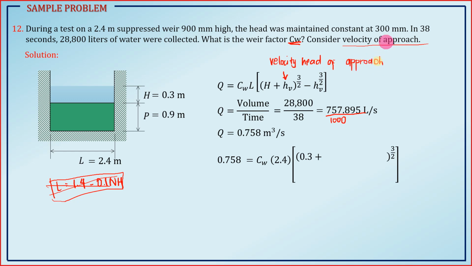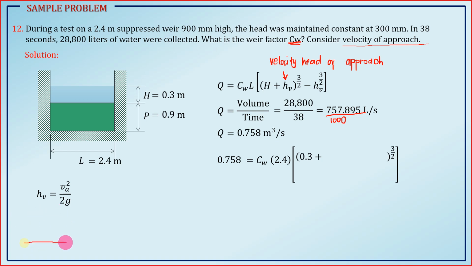Ayan. So, paano natin makukuha yung velocity head of approach? So, parang sa pagkuha lang ulit natin ng velocity head, no? That is equal to the v squared over 2g. Pero, yung velocity mo, dapat yung velocity sa approach. Na yung bago ka magkaroon ng weir. Ayan. So, drawing natin ulit yung nasa side view.